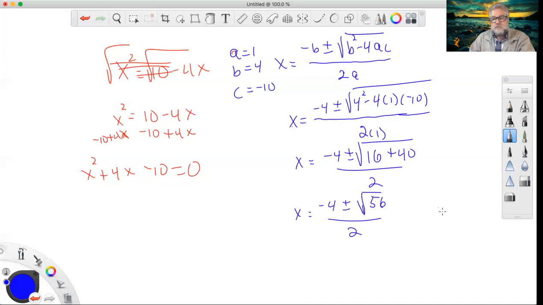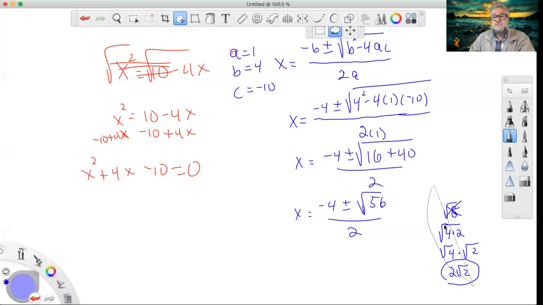For example, if we had the square root of 8, we would not leave it as square root of 8 because this can be simplified as the square root of 4 times 2, which is the same as square root of 4 times square root of 2. Square root of 4, we know, is 2, so it's 2 radical 2. So we would not write something as square root of 8. We would write it as 2 times square root of 2.